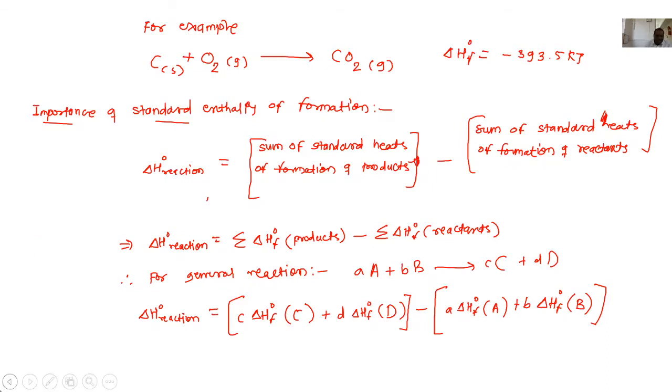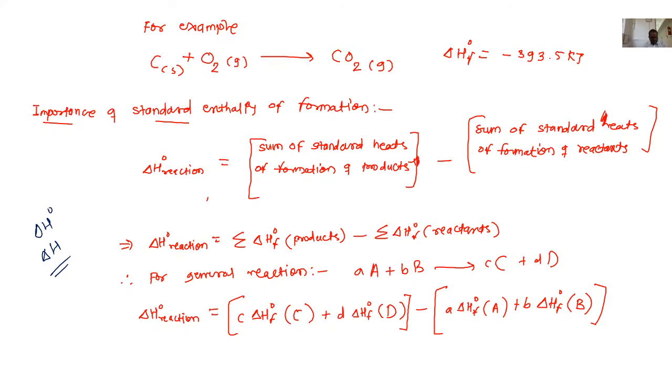If it is written H0, it means it is the standard enthalpy. Delta H without the superscript is the enthalpy change at any given temperature and pressure.